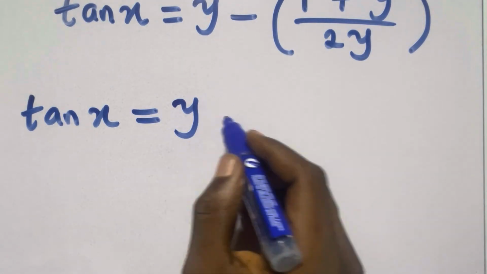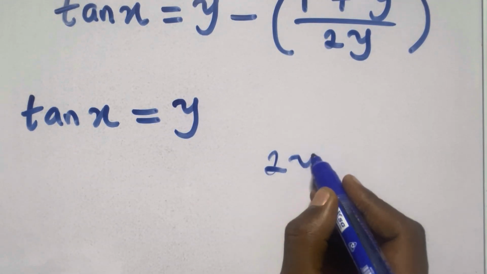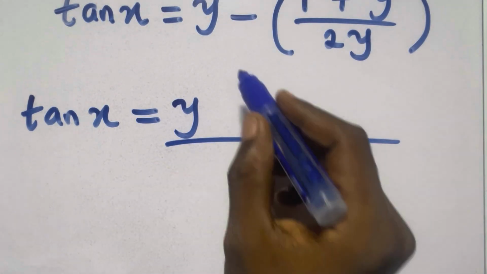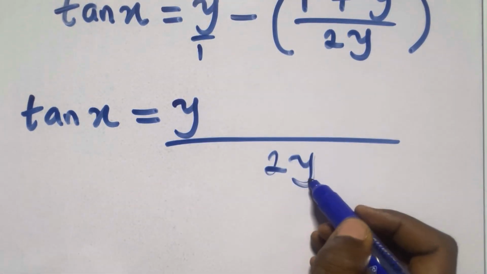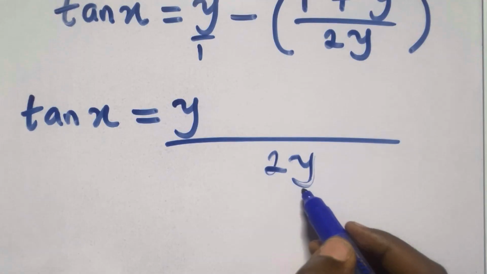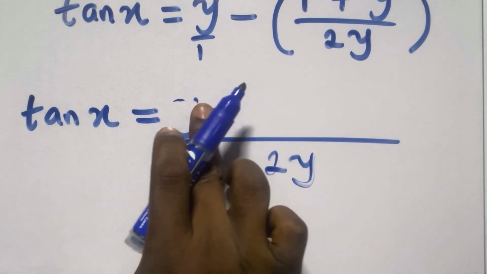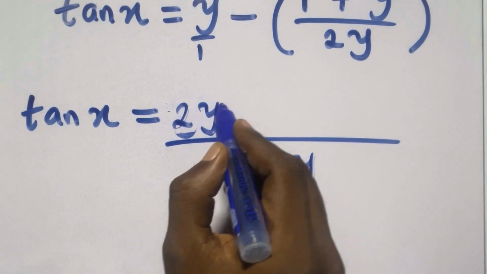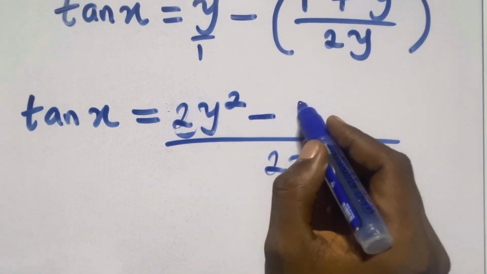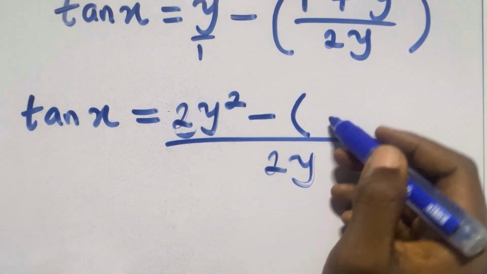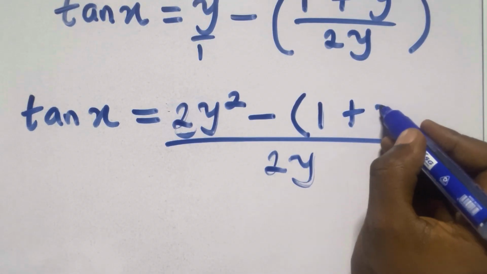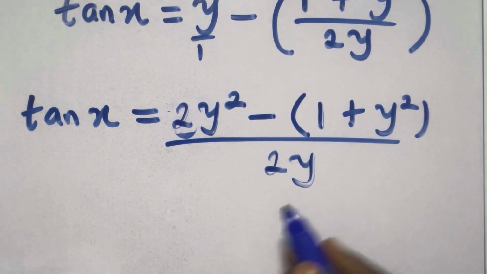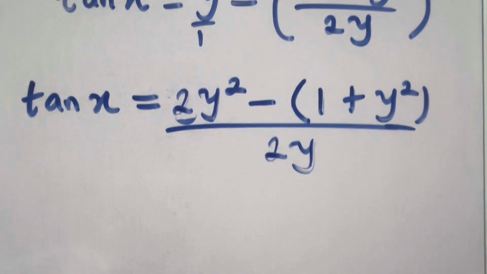Let's have the LCM to be 2y, right? So this is 1 into y, that is 2y. 2y times y, so we have 2y squared, then minus, so 2y into y, that is 1, so multiply by 1 plus y squared. All right, so we have something like this.